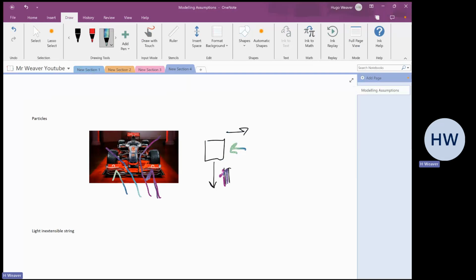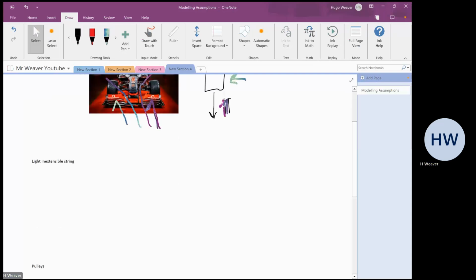But also, a really big point is the weight or the mass is at a very specific point. Obviously with our racing car, it's got different weights spread throughout. With a particle, imagine it's absolutely tiny, and therefore the weight or the mass of it is concentrated on a single point.